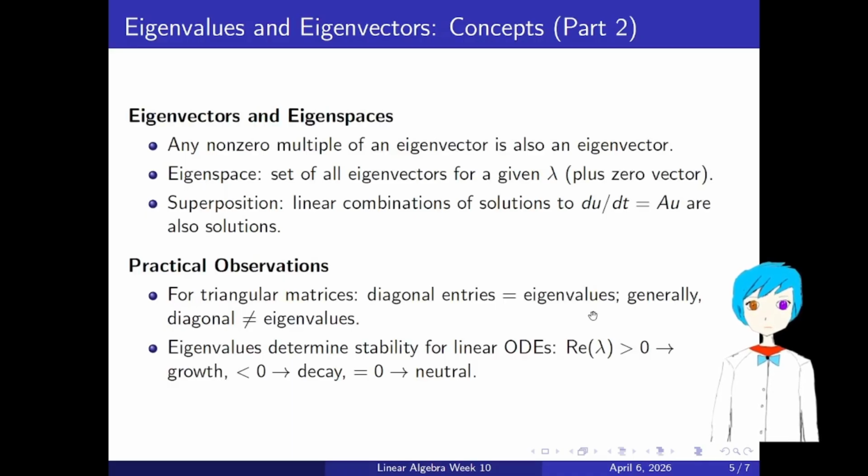For each eigenvalue, there is at least one corresponding eigenvector. Any non-zero multiple of an eigenvector is also an eigenvector. The set of all eigenvectors for the same eigenvalue forms the eigenspace.